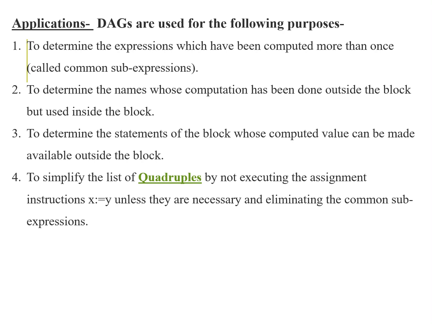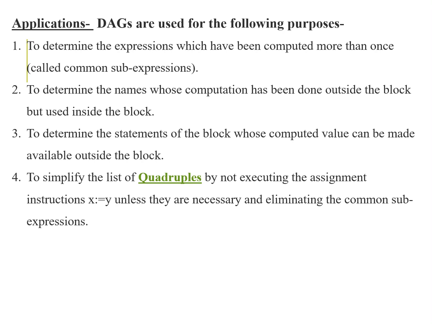To determine the expressions which have been computed more than once, that is, because of DAG we can easily identify the common sub-expression. To determine the names whose computation has been done outside the block but used inside the block. To determine the statements of the block whose computed value can be made available outside the block.